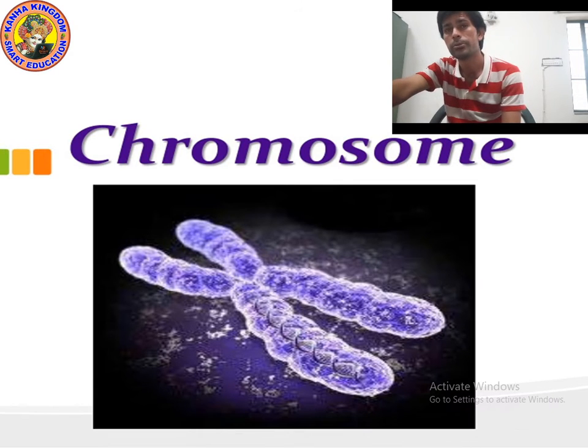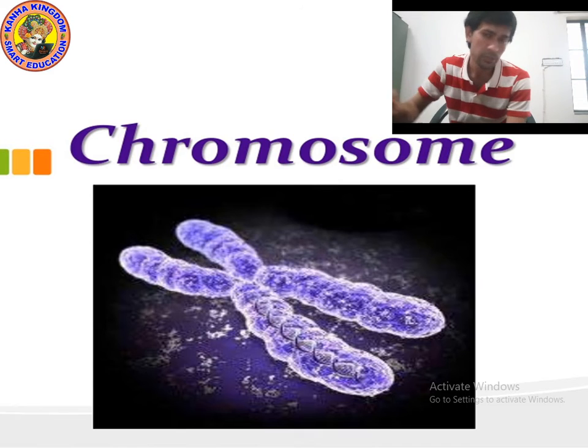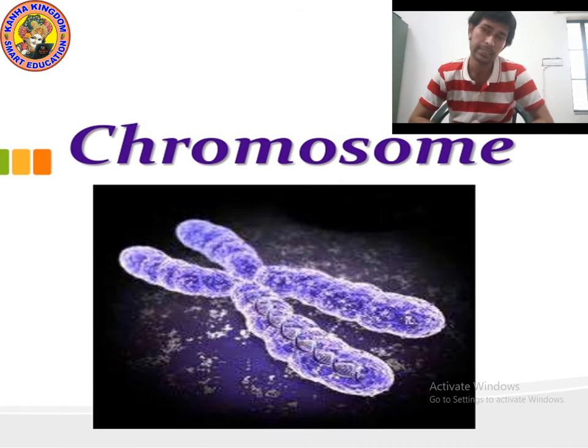Genes express our characteristics such as intelligence, complexion and height. Your intelligence, complexion and height depend upon genes, because if your parents are intelligent, then you will also be intelligent.